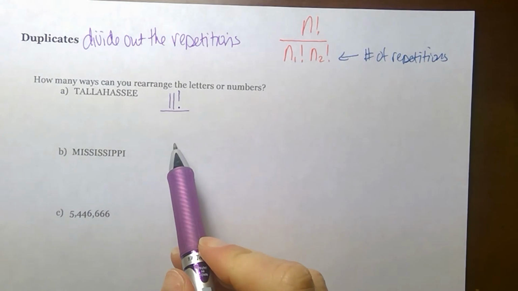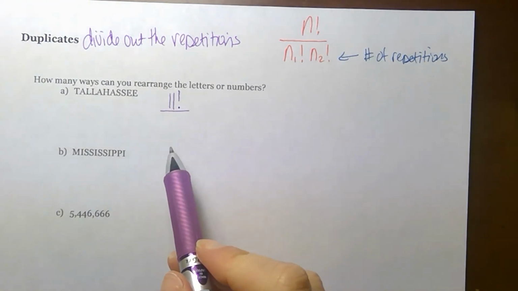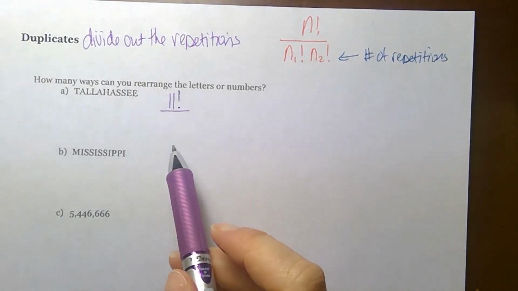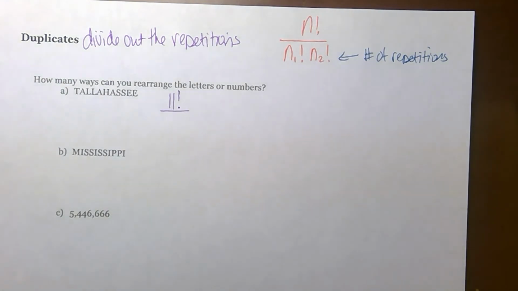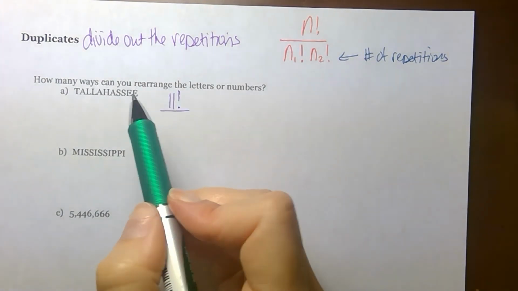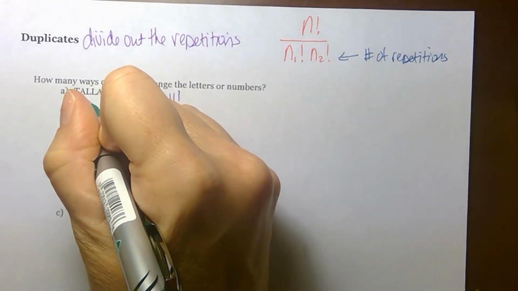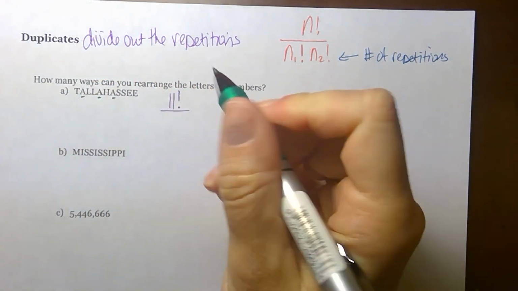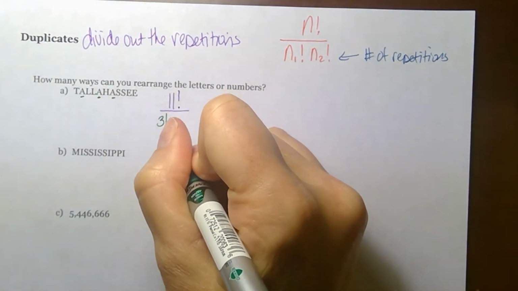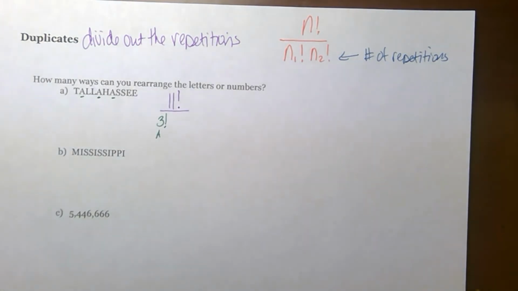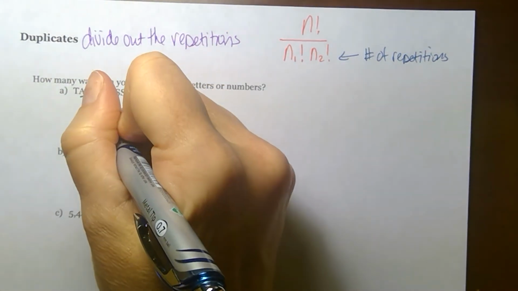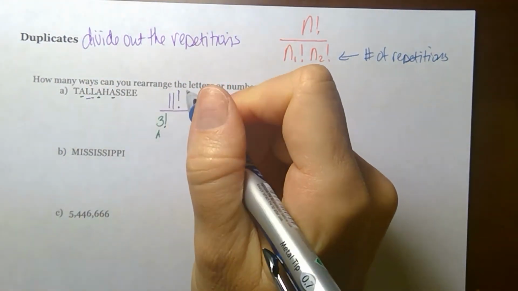So that gives me an 11 factorial. But I also notice that I have repeated letters in that word. A is repeated. Look at that. I have 1, 2, 3 A's. So that would be 3 factorial representing those A repetitions. And then I have an L that's repeated right there. I have 2 L's.